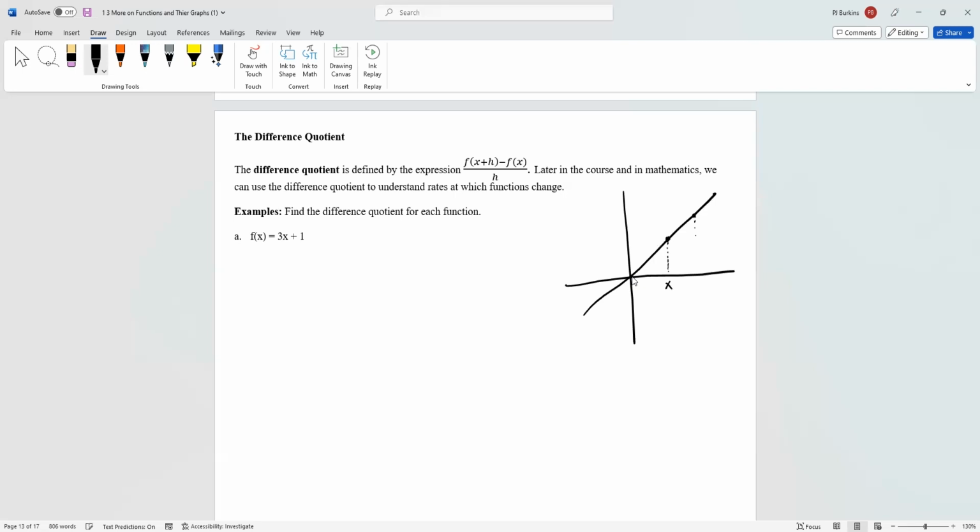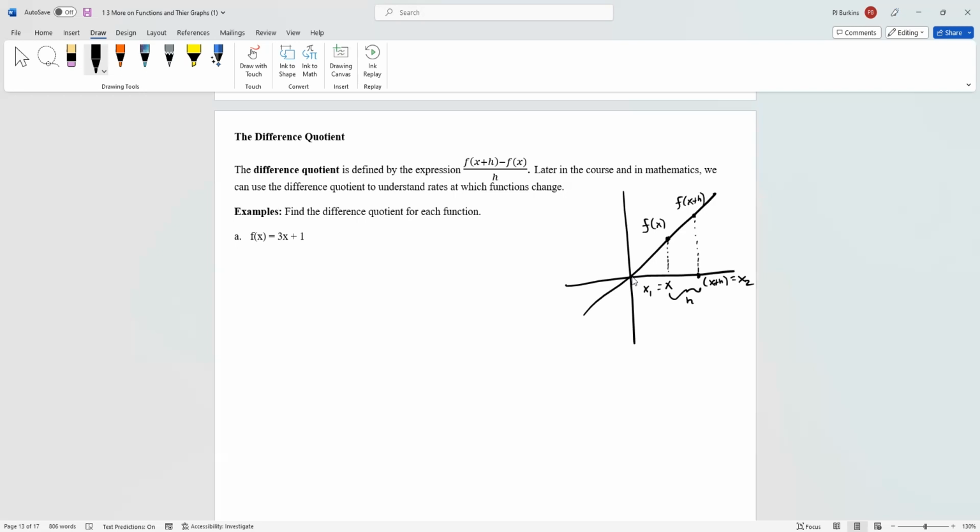This point is going to be h away from that one. So this value is x plus h. You can call this x1 if you wanted, and this x2. And then this point would be f evaluated at x1 or x, and this would be f evaluated at x plus h.